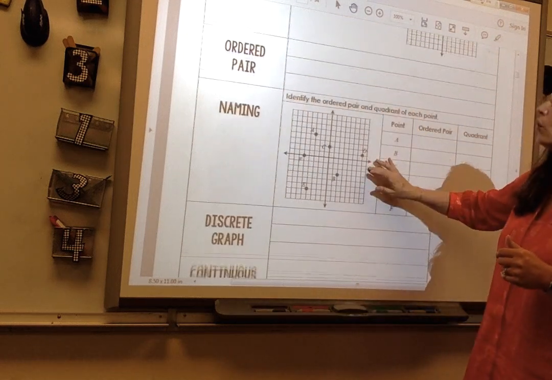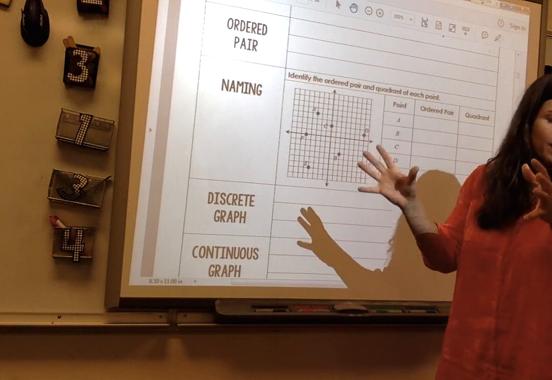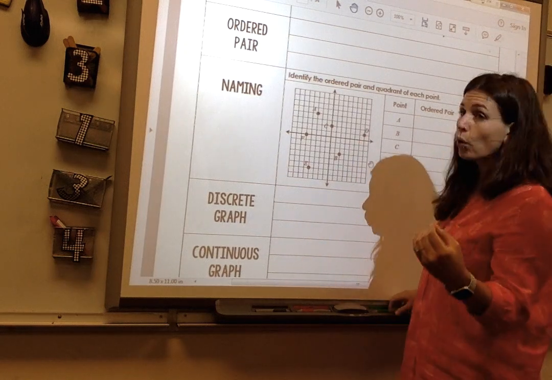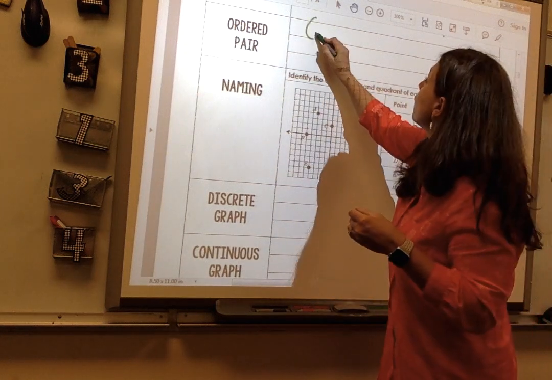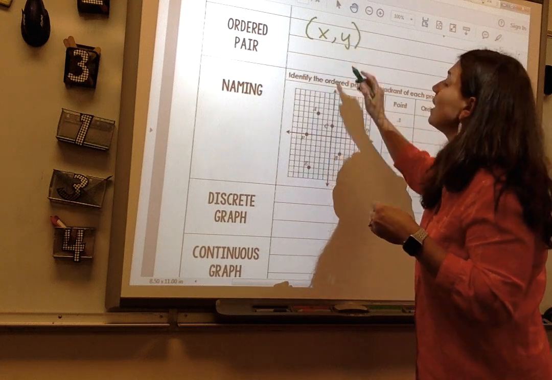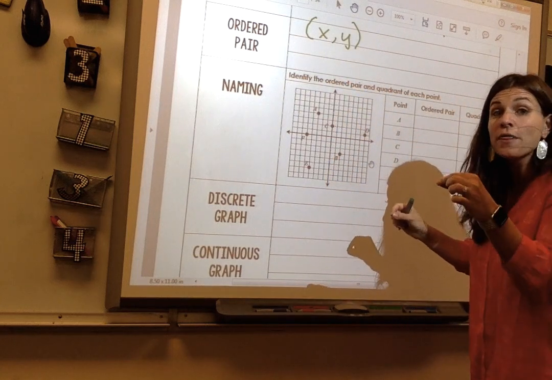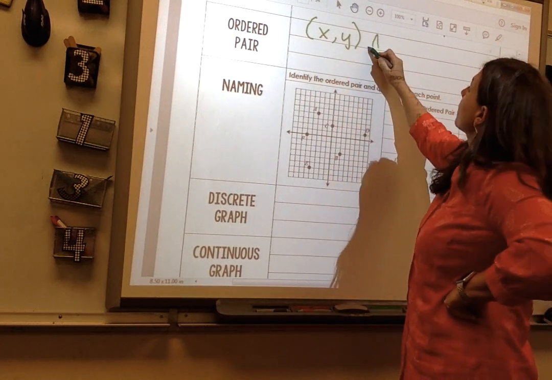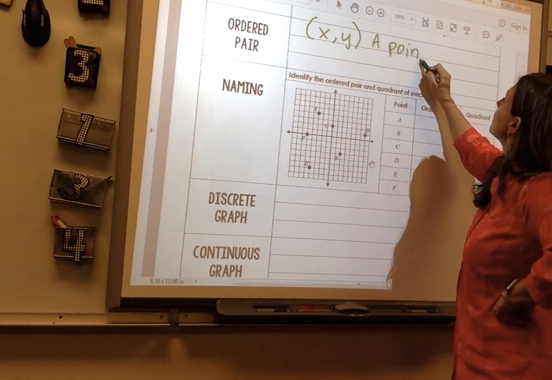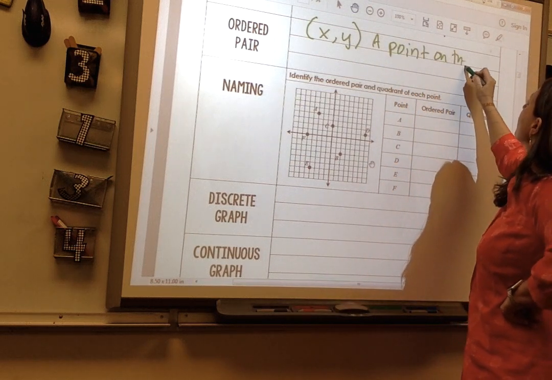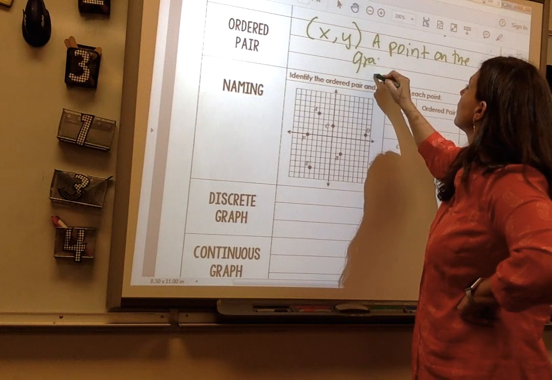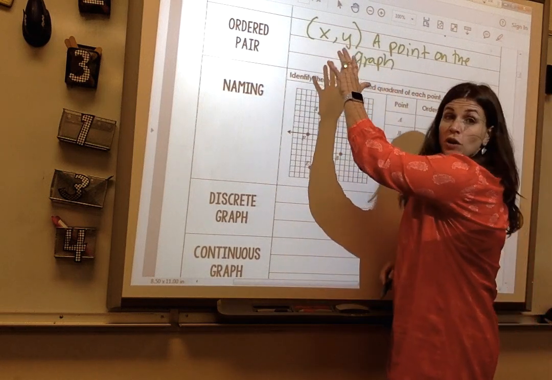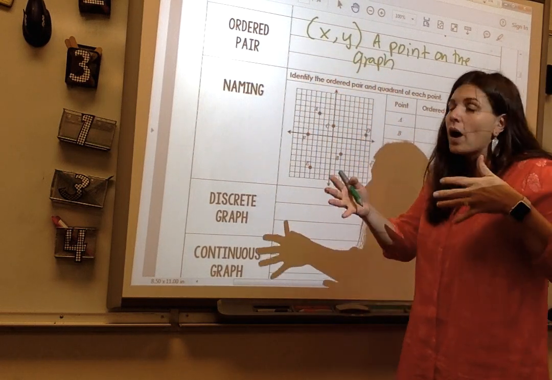Okay, an ordered pair. Now this is where it gets very, very specific. An ordered pair always fits the form (x, y), and it is a plot or a point on the graph. And notice your ordered pair, it's always in alphabetical order, x, y.